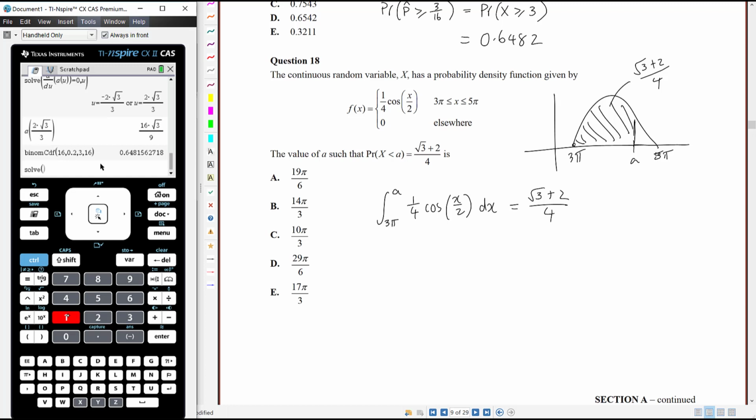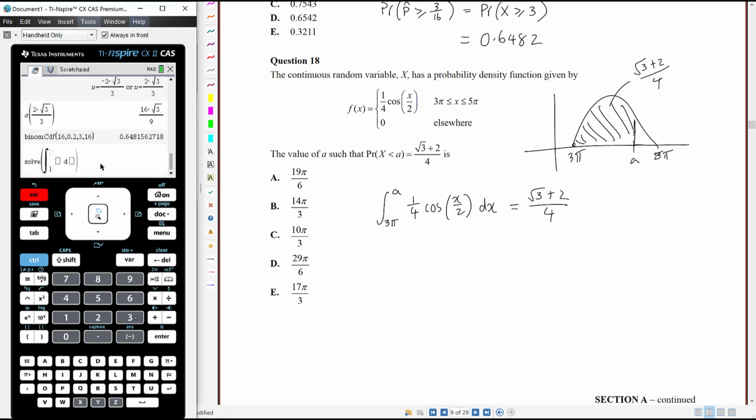So we're going to use shift plus antiderivative, 3 pi to a. I called the function a before, so I'm just going to use b in my CAS. Make sure you use variables consistent with the question on the paper, but you can obviously change it in your CAS. A quarter times cos, making sure you're in radian mode as well.